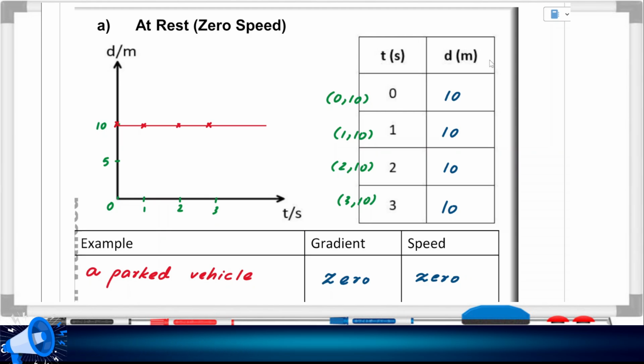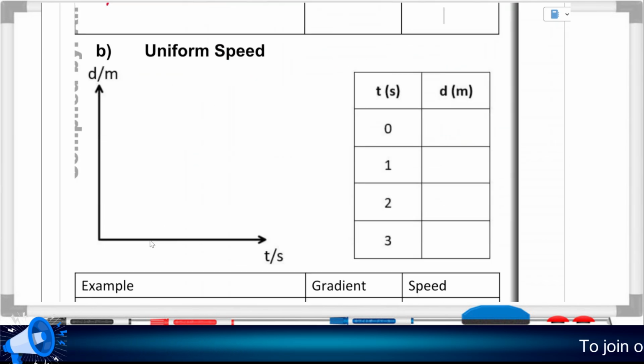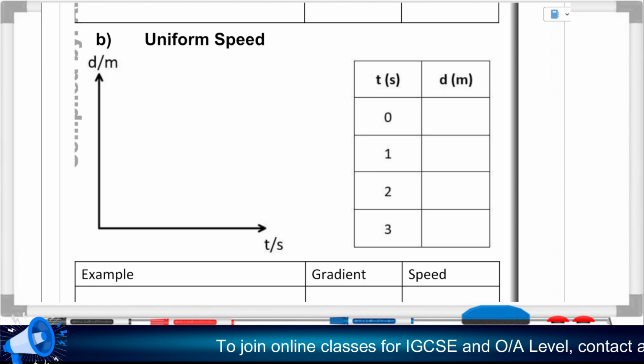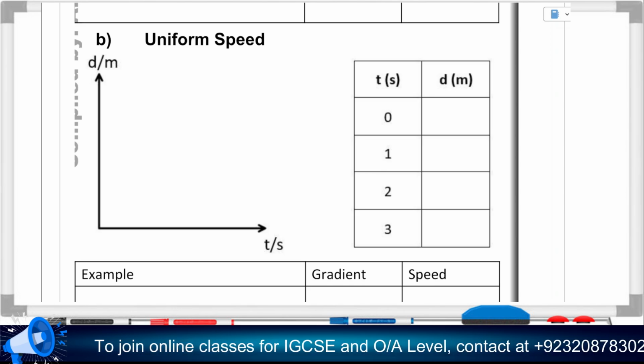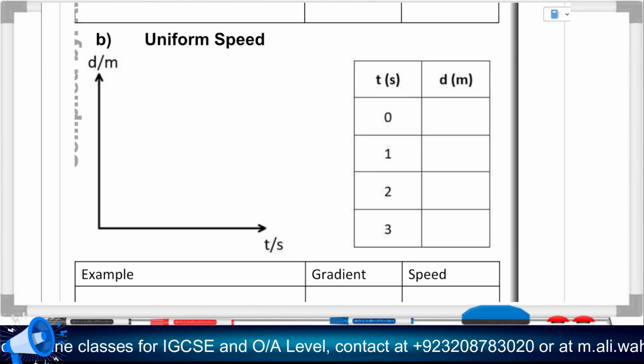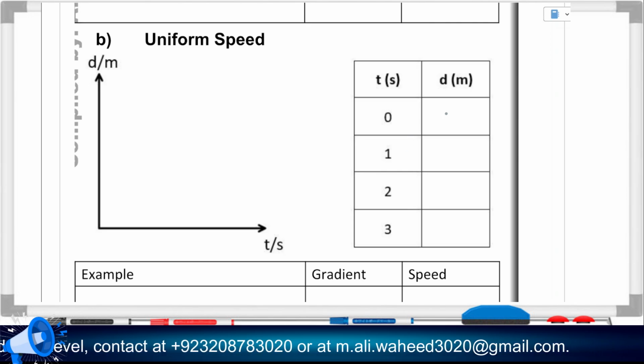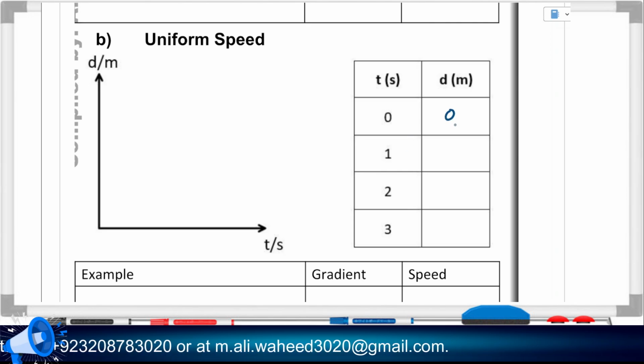All right. Let's move on to the next one. So now we have a situation. We assume the same vehicle, but this time the motion of the vehicle is slightly different. So let's say when we observed the vehicle at 0 seconds, it had covered no distance at all.